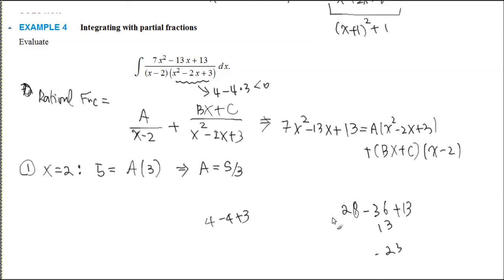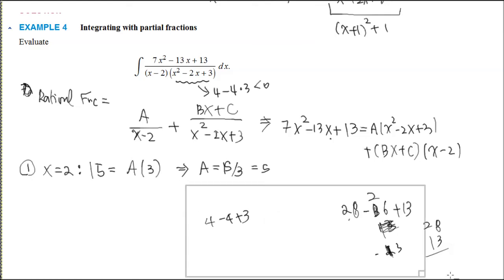Let's check that again. 2 times 7 is 28. 2 times 13 is 26, not 36. So 28 minus 26 plus 13, I think it's 15, all right? So 5, better looking. A is 5.